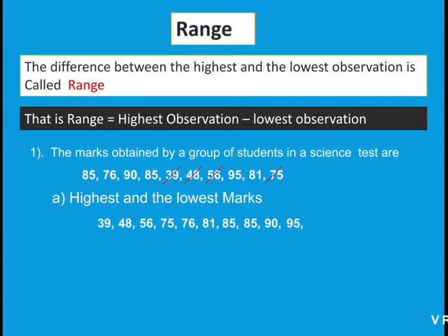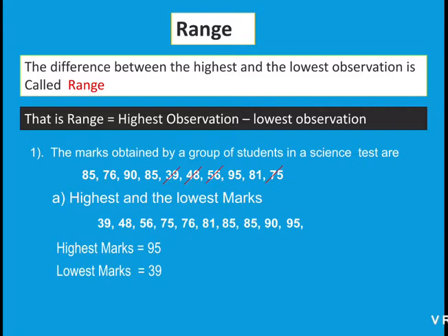This is the ascending order of these observations. From this we can find easily the smallest observation and the biggest one. Highest observation and lowest observation. We find highest marks equal to 95. Smallest mark, that is lowest mark, equal to 39.